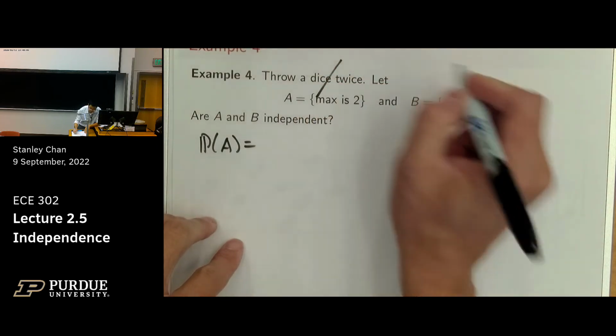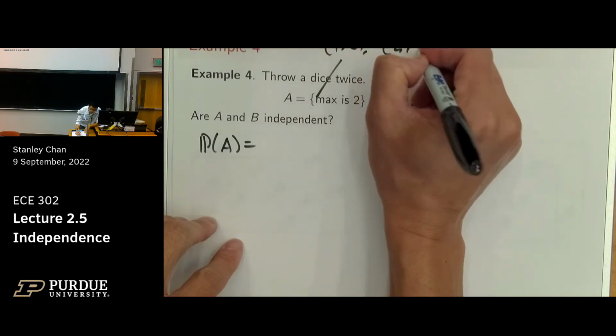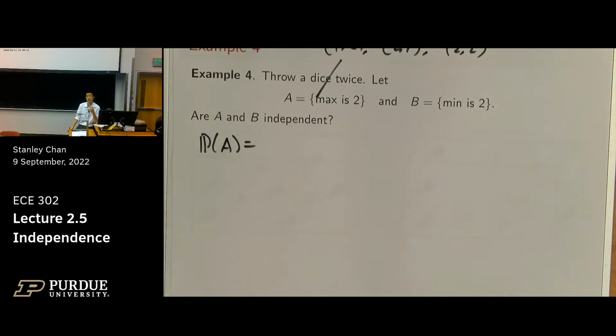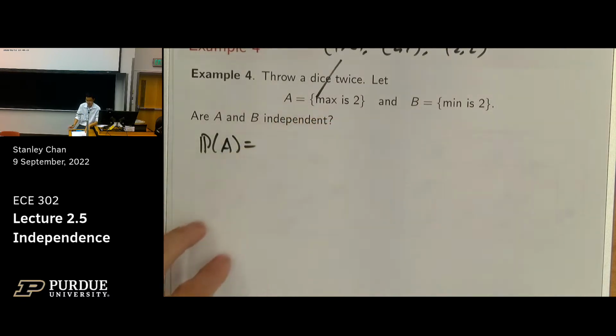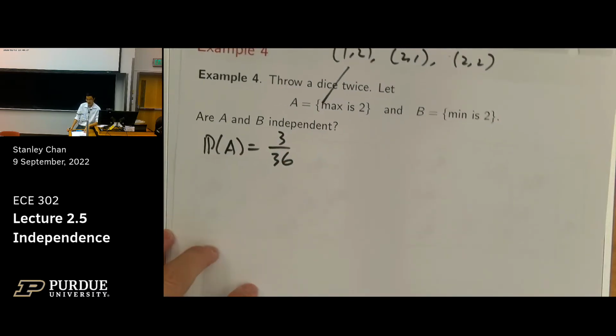That has to be 1,2; 2,1; and 2,2. So that the max of these two numbers will be 2. If you have 3,2, then the max will be 3. Is it okay? So this is the event of max equals 2. So I have 3 over 36 for A.